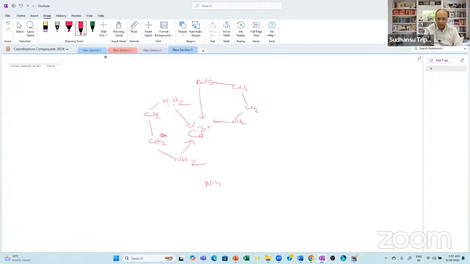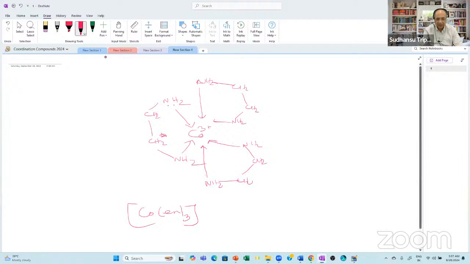If there are two more, I mean one more, so this is Co(En)3 3 plus. Because ethylene diamine is a neutral ligand, cobalt is in the plus 3 state. Same is the charge of the entire complex ion, 3 plus.